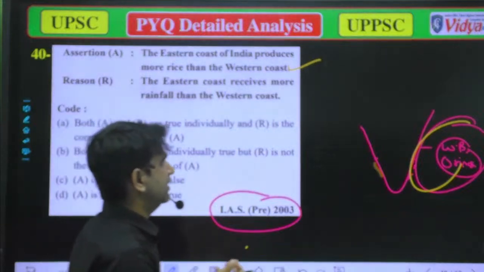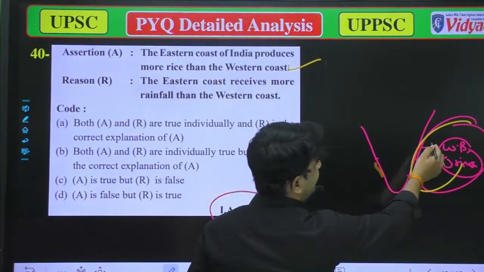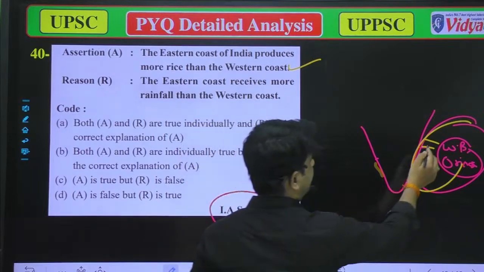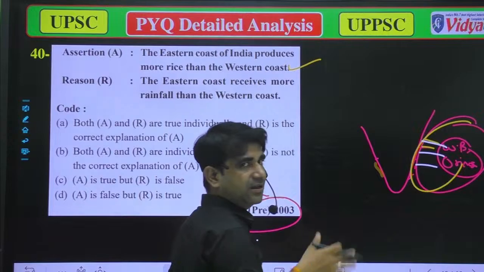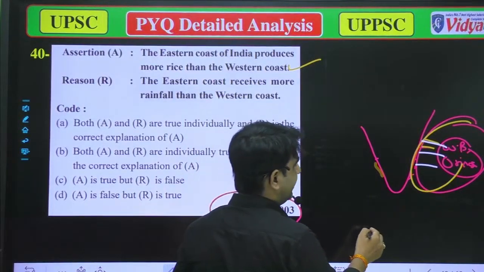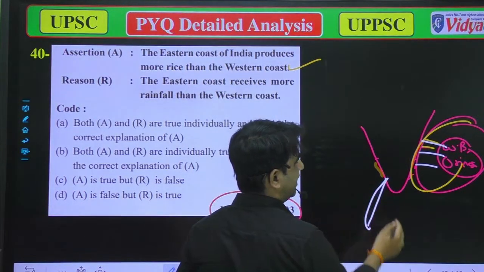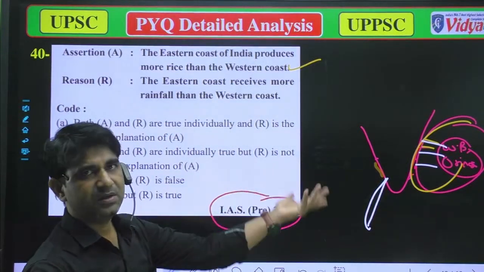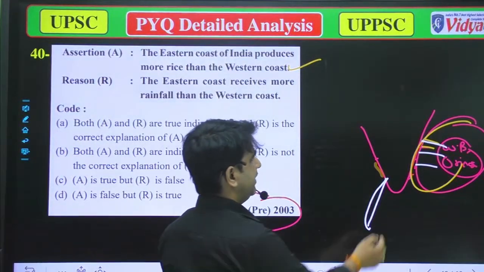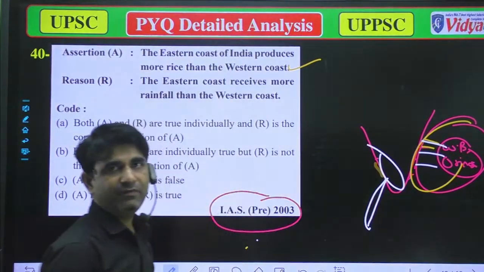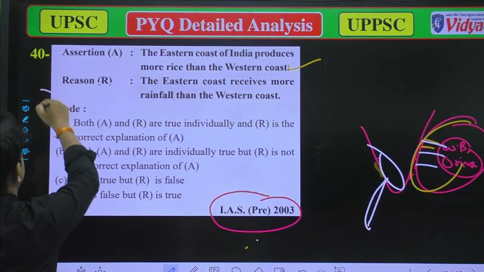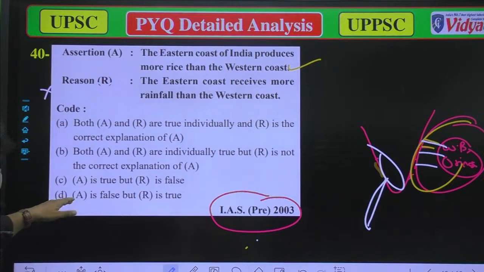Is it possible that the eastern coast will receive more water? No, it's impossible, because in India generally the monsoon enters from Kerala. So you can say, sir, that that is impossible, because generally the maximum water will be in the western coast. So we have only option C: A is true but R is false.